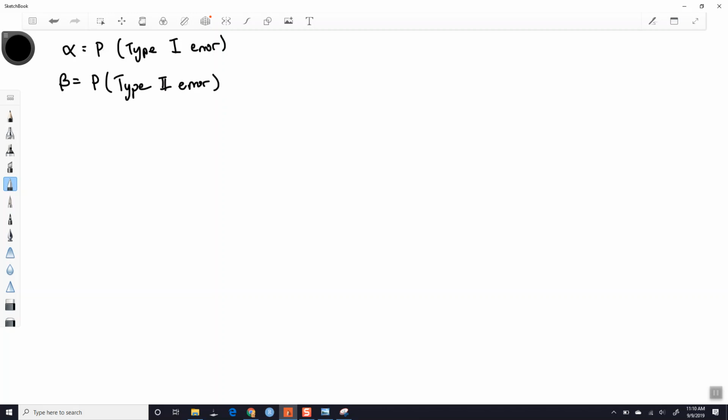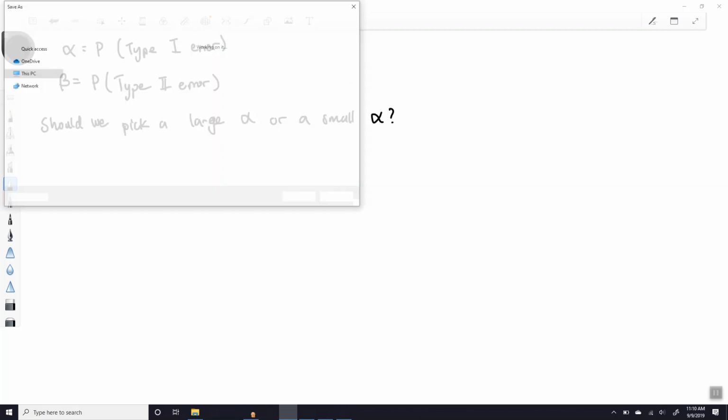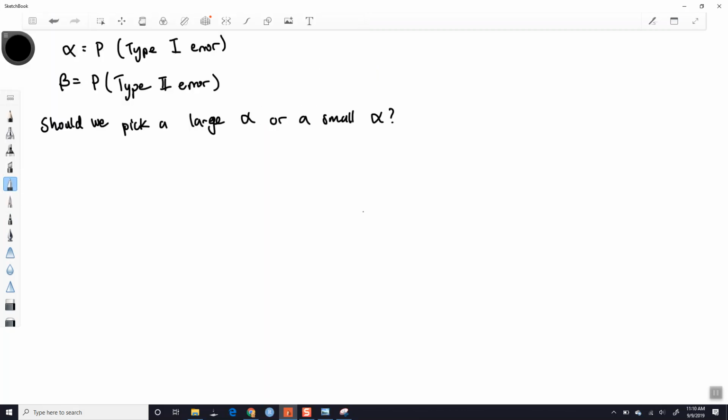So should we pick a large alpha or a small alpha? The answer depends on, is it better or worse to make a type 1 error or a type 2 error?